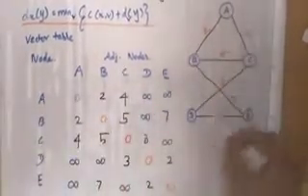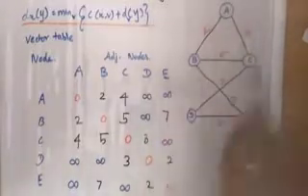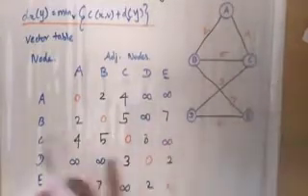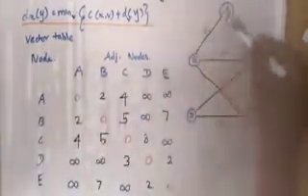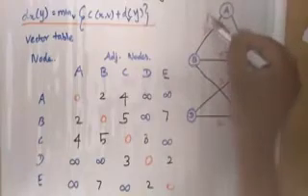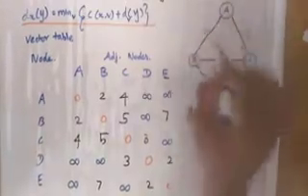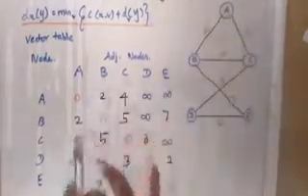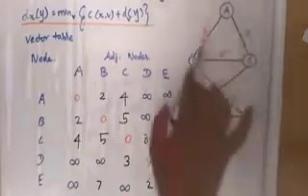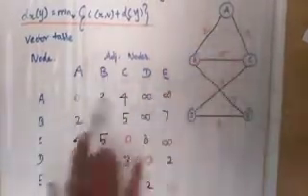From the structure, I find that A is directly connected with 2 nodes, one with B and another with C. Going directly into the table, by the graph, the number written on the link from A to B is assumed to be the cost. Since the number written is 2, I am making it 2 here. From A to B it is 2, from A to C it is 4.